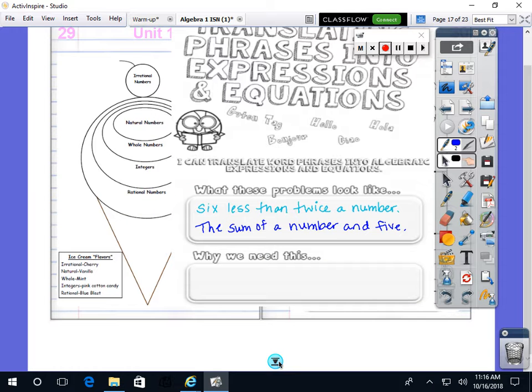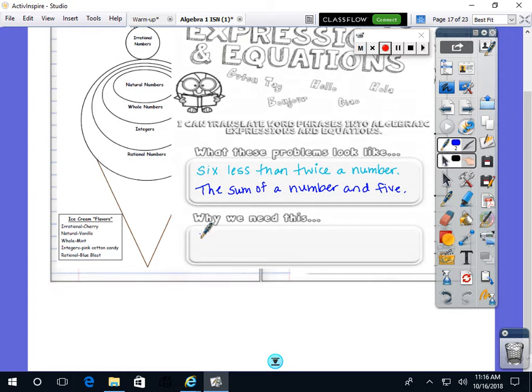Now, the reason we need this is because it is a building block skill for writing equations from word problems.